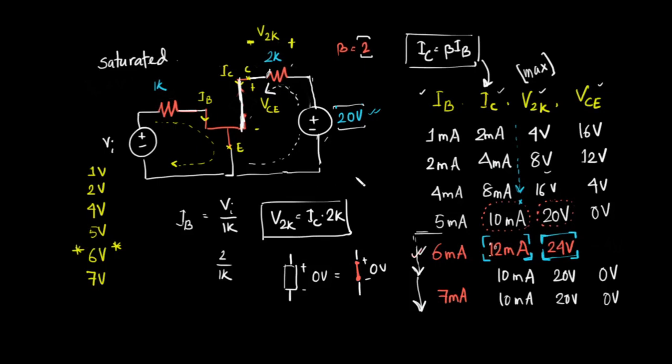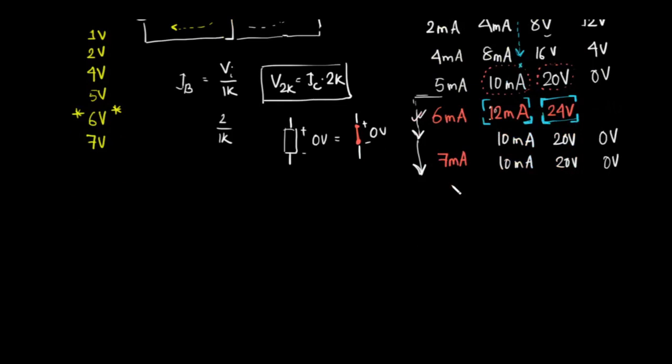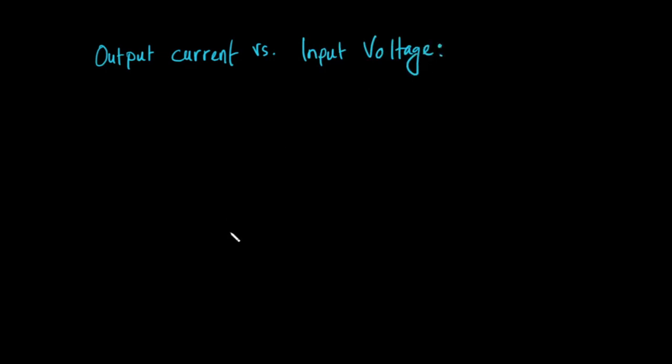So what will this look like if I drew the graph of these characteristics? What I mean to say is, if I drew the transfer characteristics, if I plotted the output current versus the input voltage, what would that graph look like?